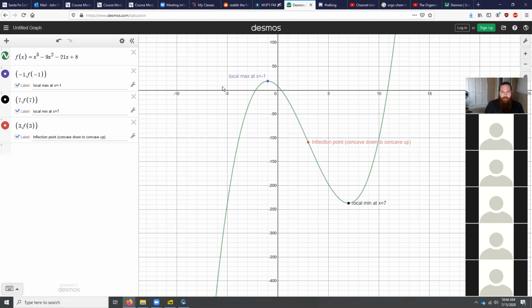So while I don't expect you to know how to graph this yet, I am expecting you to be learning how to get this graph right now. That's the purpose of 4.3 and 4.5, is to teach you how to draw really good graphs using the information from the first and second derivatives.